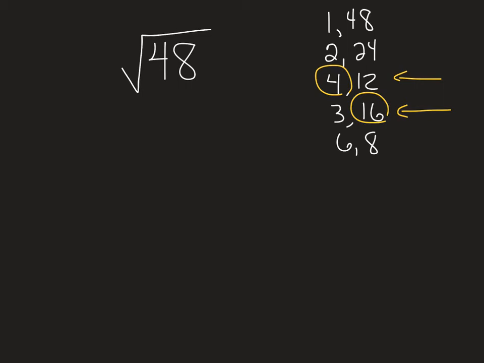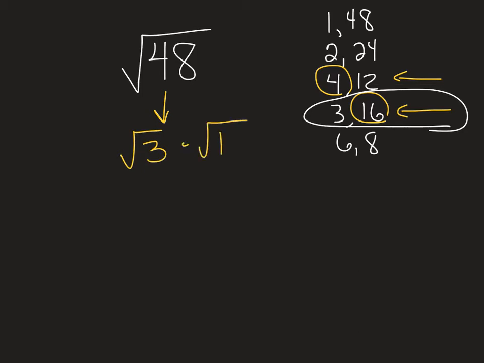Now, which one is going to be the best to use? This set right here. This is going to be the best to use. Can I use any of those other factors? Absolutely. I'm just going to have to simplify a little bit more at the end. So that's why I'm going to use 3 and 16. So the square root of 48, I'm going to break that down into the square root of 3 times the square root of 16.